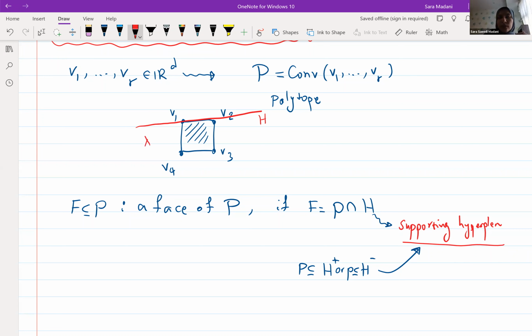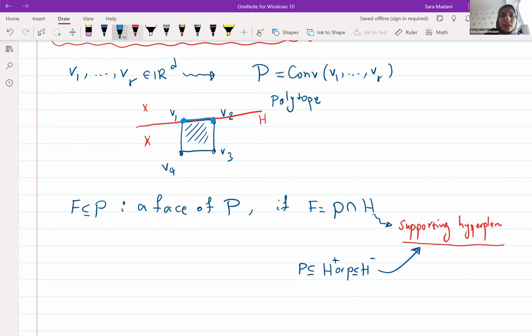So here we have one half space and above we have the other one. As we see, the polytope is inside one of them. So this is a supporting hyperplane. And what this supporting hyperplane gives us is a face, which, as you see, the intersection of this hyperplane and my polytope is just this edge. So this is a face.